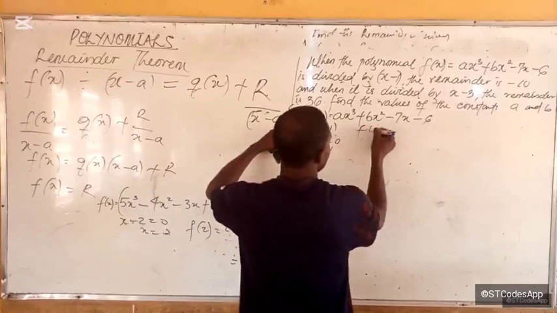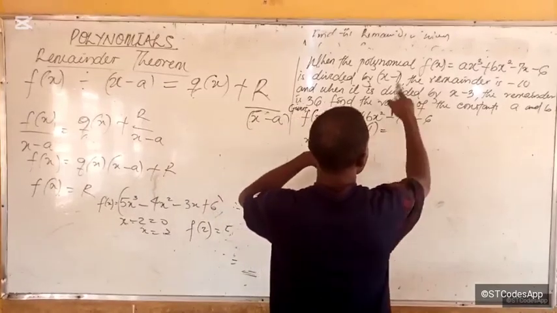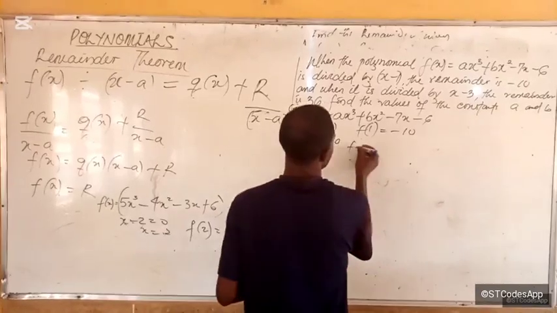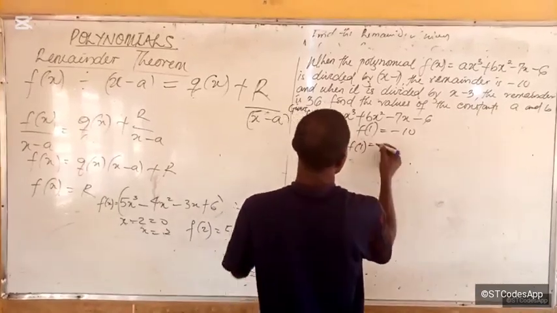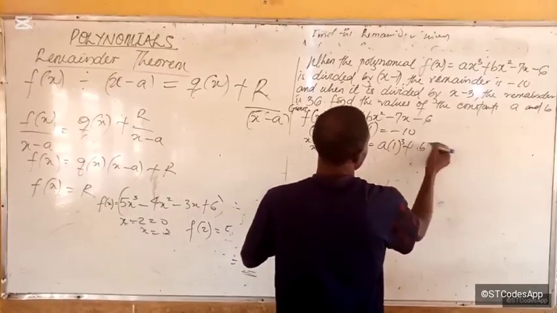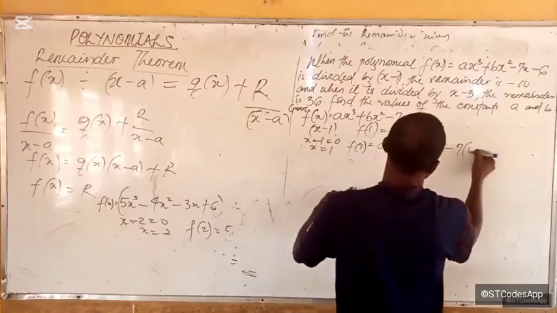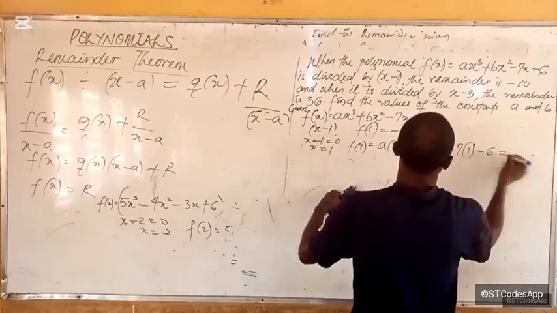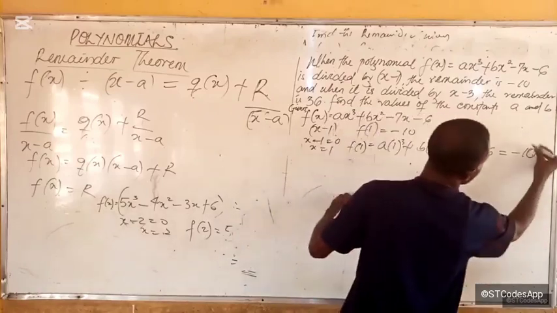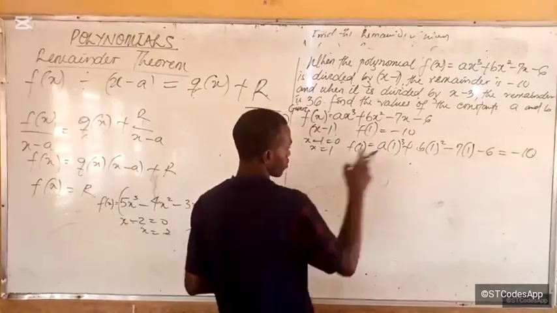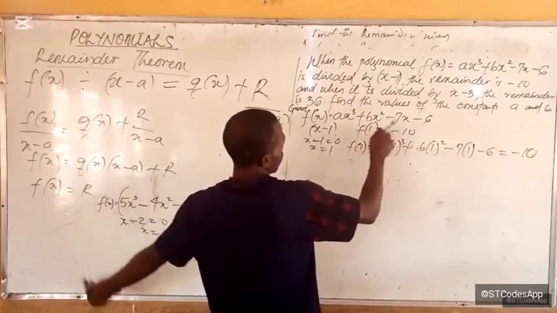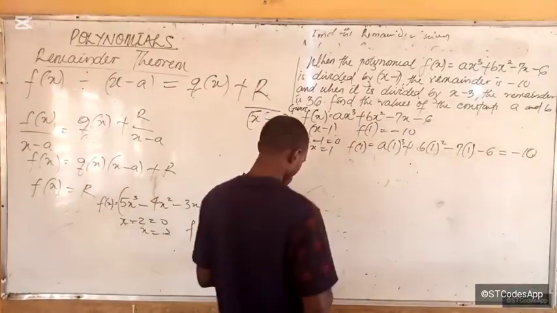So we now say that f of 1 is what gave us minus 10. And what is f of 1 when we substitute here? We'll say that f of 1 will be equal to a into bracket 1 raised to power 3 plus b into bracket 1 raised to power 2 minus 7 into bracket 1 minus 6. This was what gave us minus 10. Do you understand now? So I substituted 1, and from remainder theorem, we know that f of x will give us r, so f of 1 should give us minus 10.